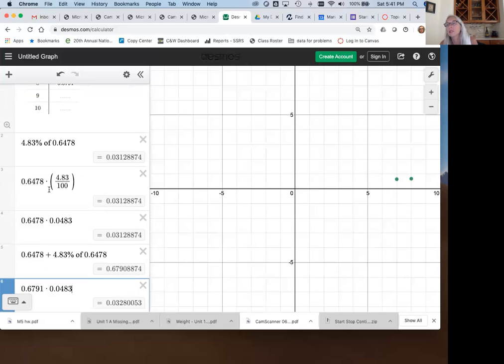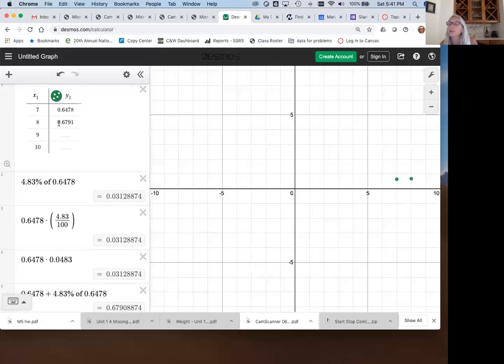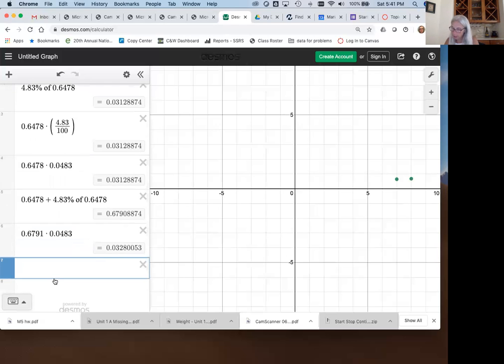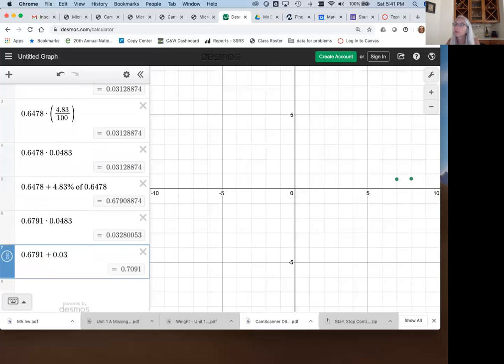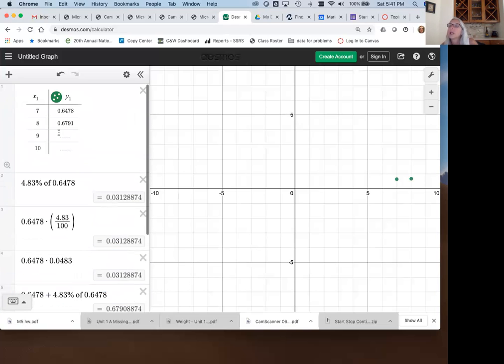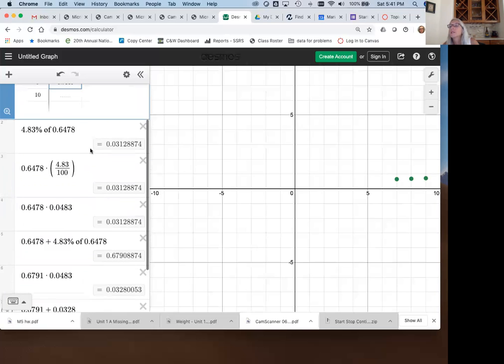That's just my increase. Once again, I have to add it to my previous output to get my new output. So I take the 0.6791 and add to that the 0.0328, and I get my next output of 0.7119. Beautiful.